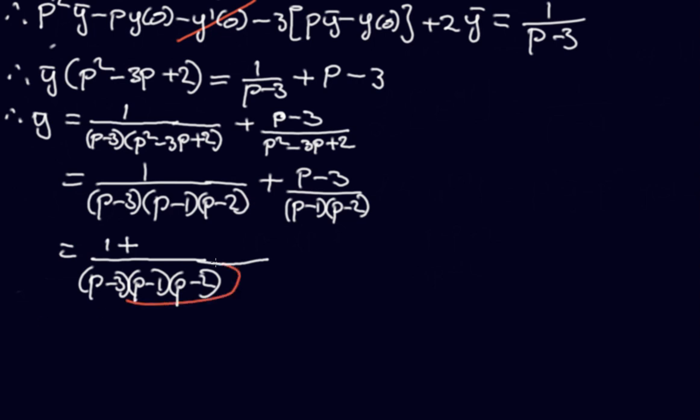Same division, these two brackets will fall off and give a unit. Therefore, the numerator here will have (p minus 3) to the power 2.